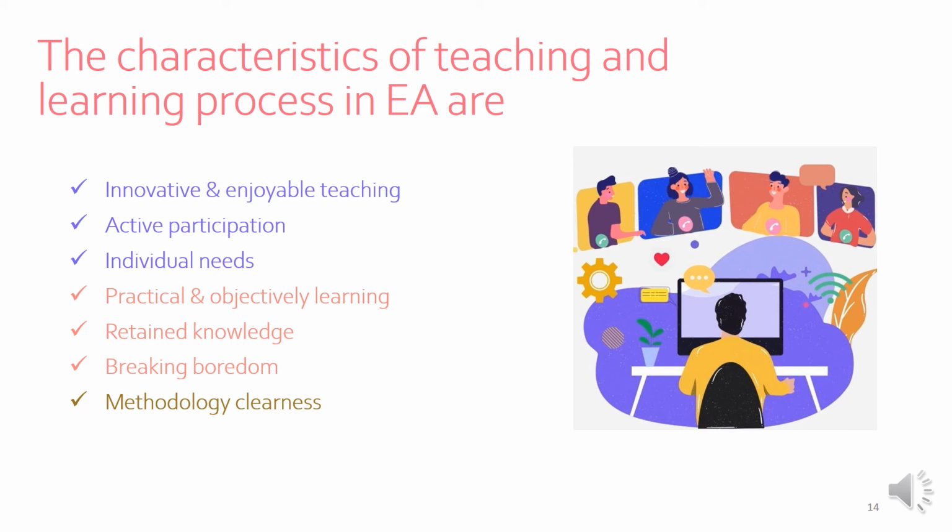For example, in teaching composition I use the GTM method. In clarifying the meaning of vocabulary, I use the DM method, and that's it. So it means the clearness of the method that the teacher uses.